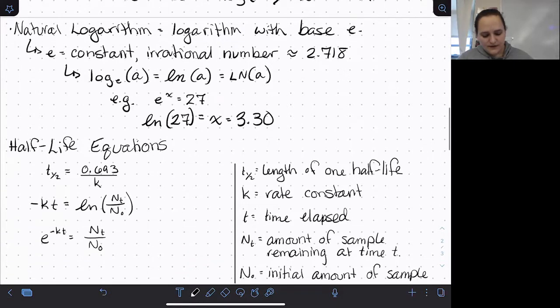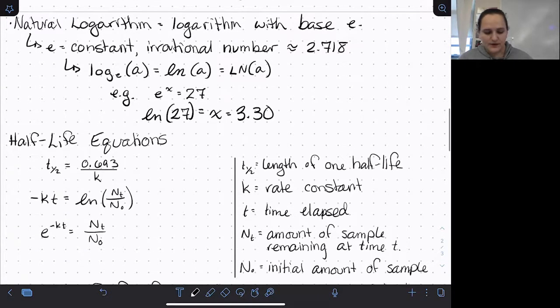So we have this set of equations here with an assortment of variables. We have t1/2, which is representing the length of one half-life. The lowercase t is always representing a length of time of some sort.